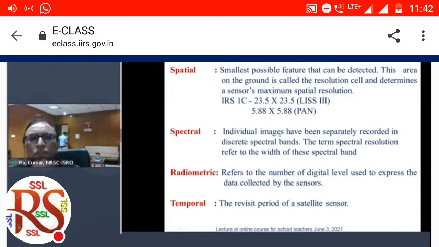Then comes the spectral resolution. That means how many spectral bands you are having, like in the earlier slide I was talking about red, green, infrared. So what type of spectral range, like 0.4 to 0.45 or 0.4 to 0.41 only, I am having. Based on that, what type of spectral information I want or what type of sensors I can make.